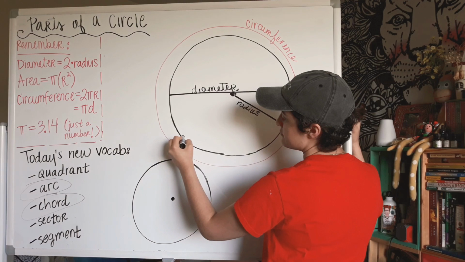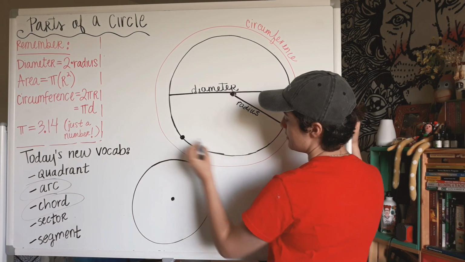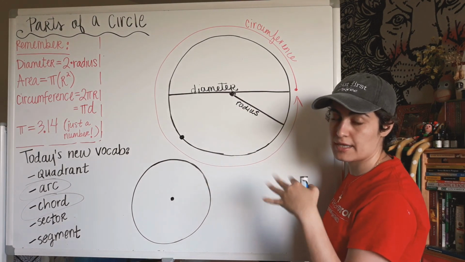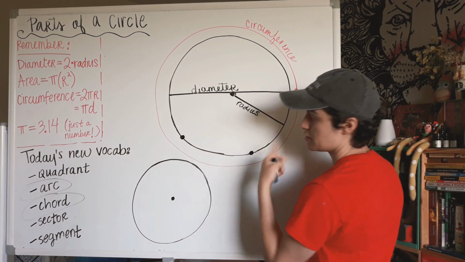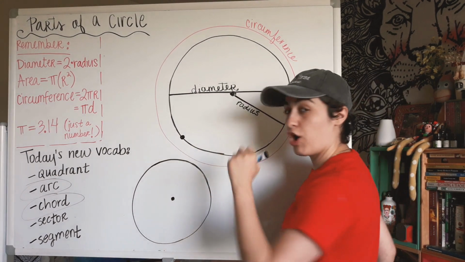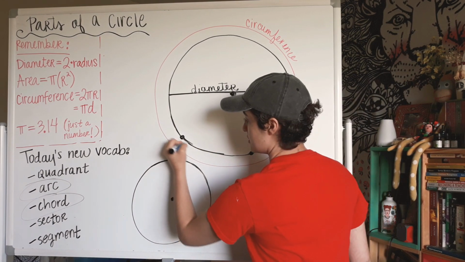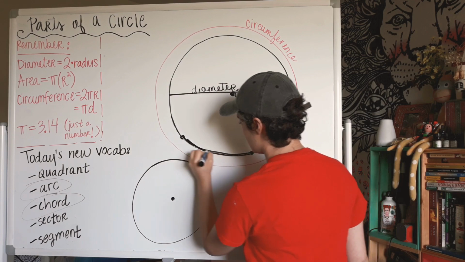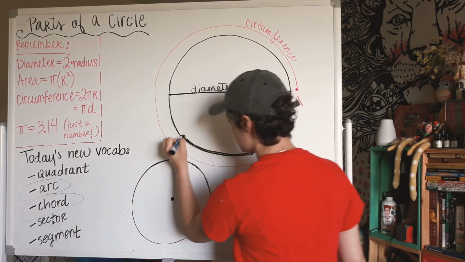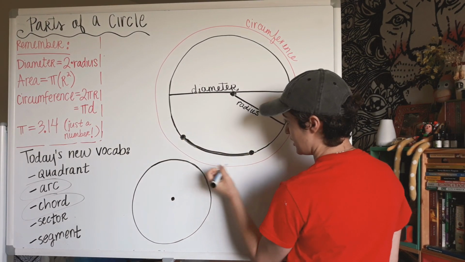Say I have 2 points on any 2 places, say I chose here and here, the arc is this bold line.